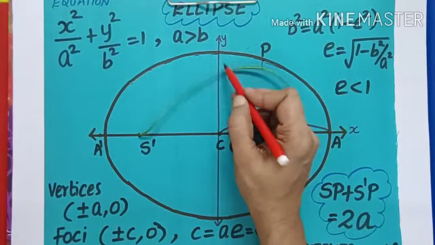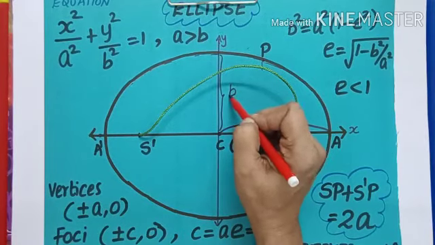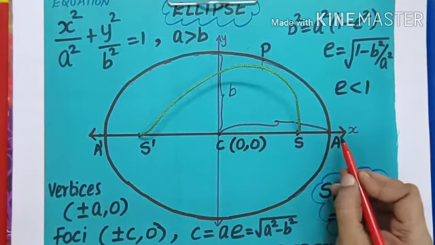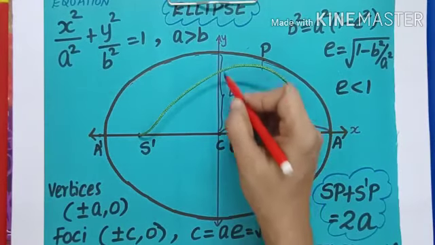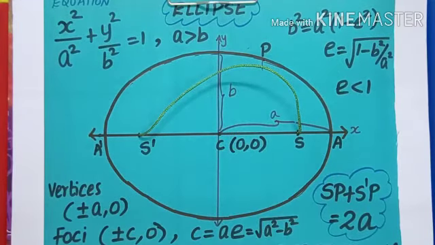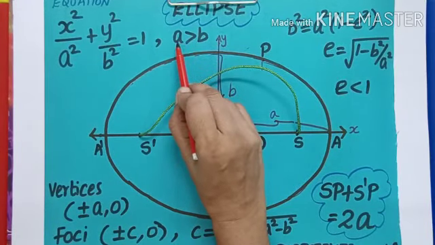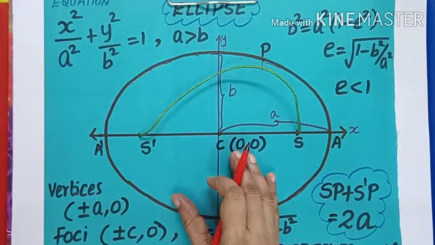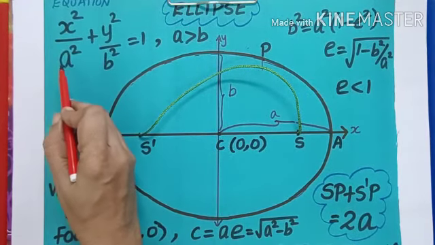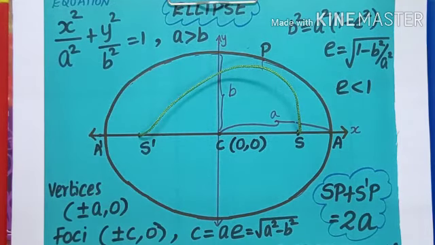Call this distance B. Notice the x-axis length is bigger, and the y-axis is a little smaller, call it B. So in an ellipse, the major idea to remember is A greater than B. So this is the first type of ellipse, where under x we have the bigger number, under y we have the smaller number.